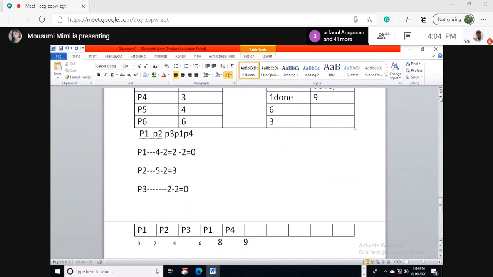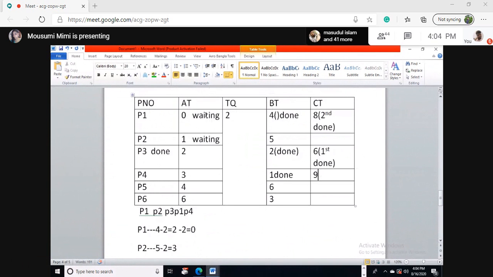Now let's see. Process 1 is done. Process 2 is waiting. Remaining burst time is 3. Process 5, total burst time is 6. Process 6, total burst time is 3. So two processes have the same burst time, process 2 and process 6. Process 2 is in the waiting state and process 6 is new, in the ready state.